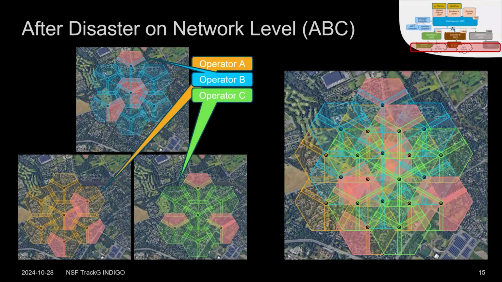So now what happens? The coverage of our networks is not fulfilled. All these red marked or orange marked areas are not covered by the operator, but if we put all the operators together, then we still have some coverage.